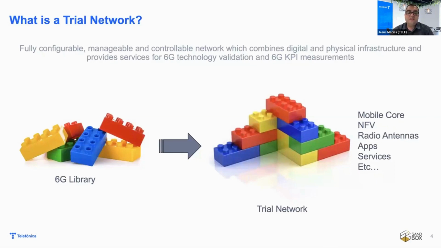So the 6G library is like a catalog of building blocks that we can put together to model the environment, the trial network, the context to run the experiment.